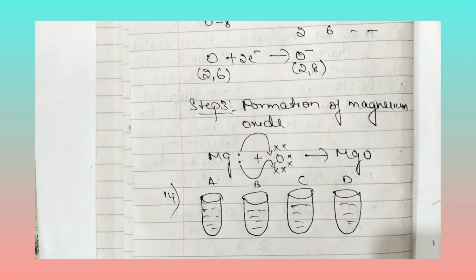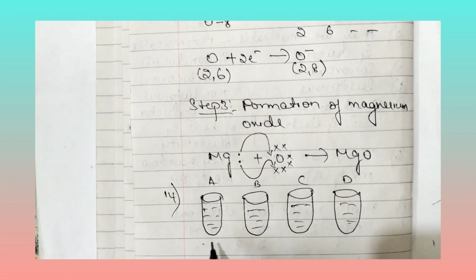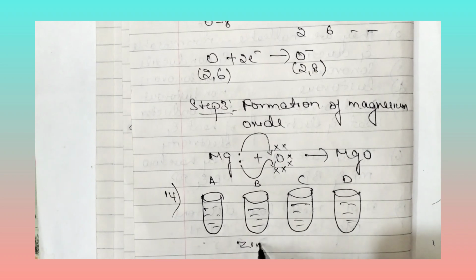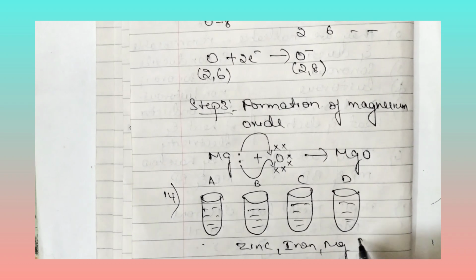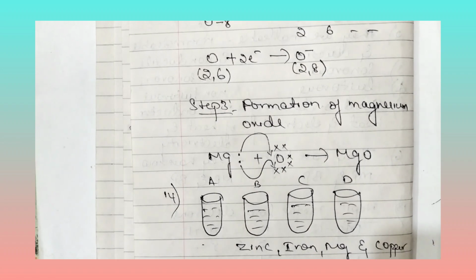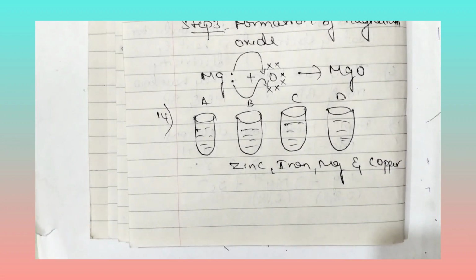So we have taken 4 strips: the first is zinc, the second is iron, the third is magnesium, and the fourth is copper. By taking each strip and dipping it in the solutions, we have to see in which test tube the reaction will take place.